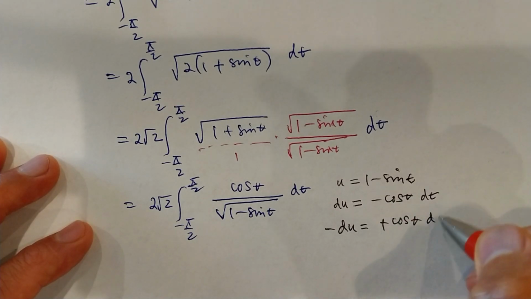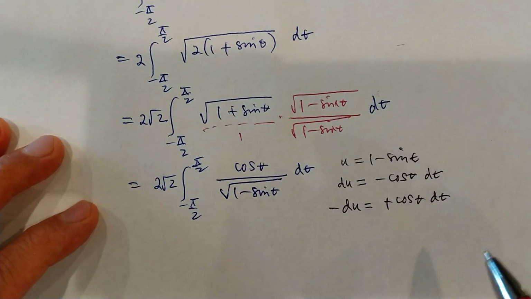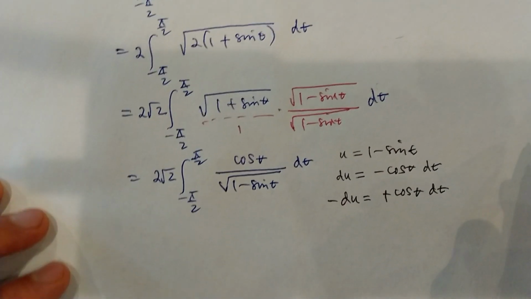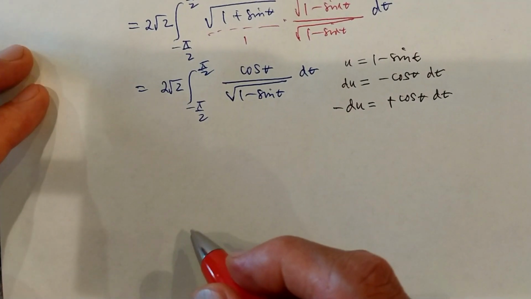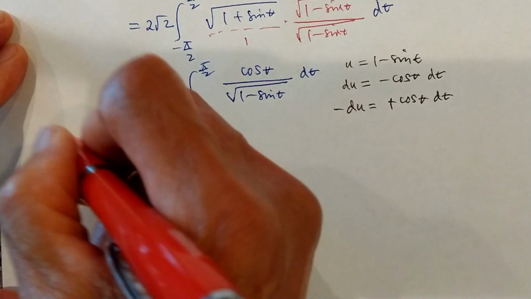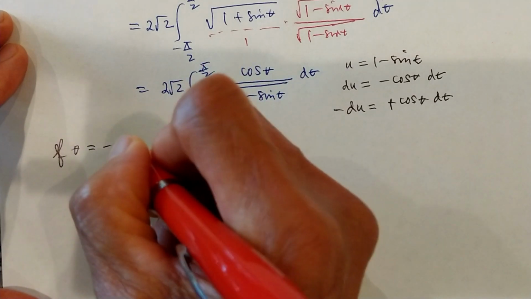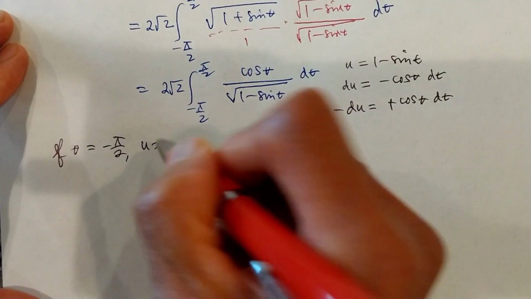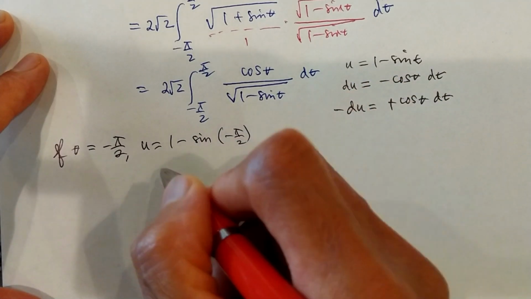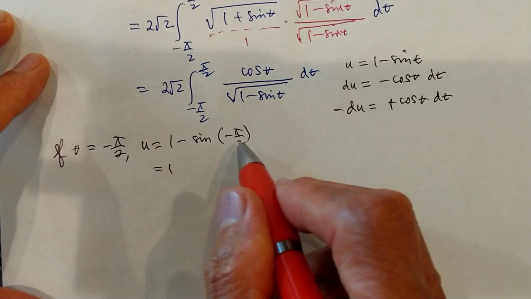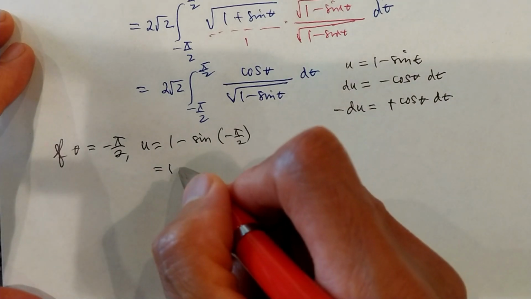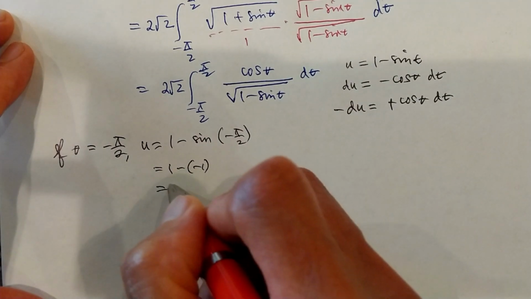Now because I changed my variable to u, I will have to change my limits here. If theta is negative pi over 2, then u is equal to 1 minus sine of negative pi over 2. Sine of negative pi over 2 is negative 1, and 1 minus negative 1 gives me positive 2.